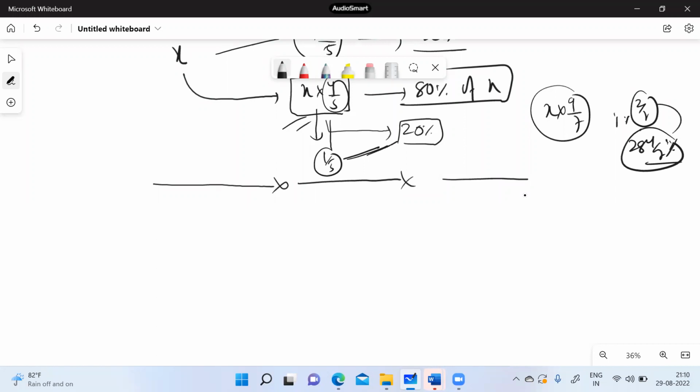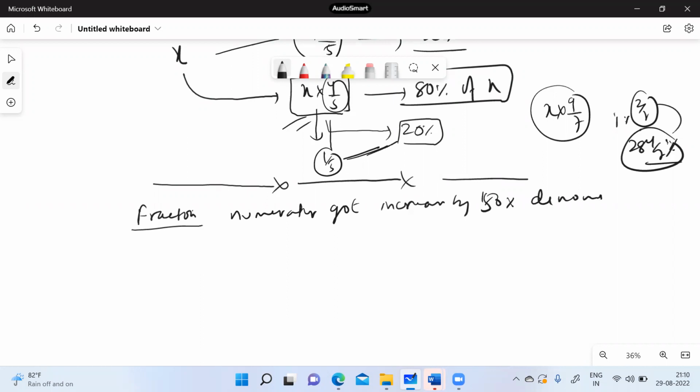Now suppose I say there is a fraction in which the numerator got increased by 50%, and the denominator got decreased by 33 1/3%. So you have to find the percentage change in the fraction that was there at the start.